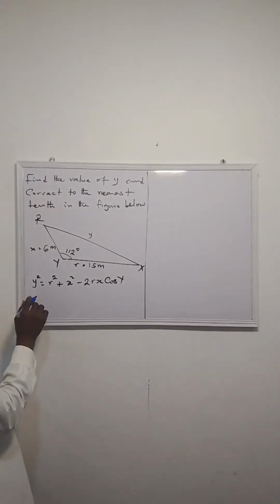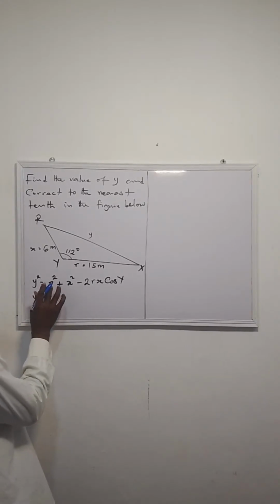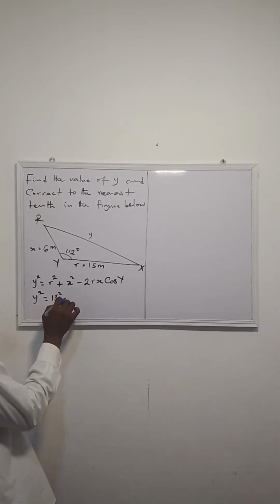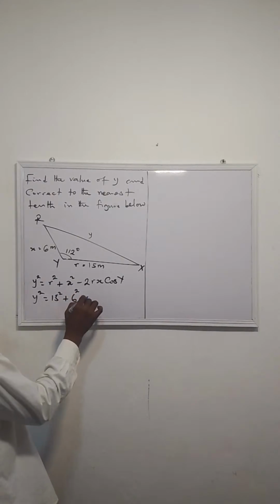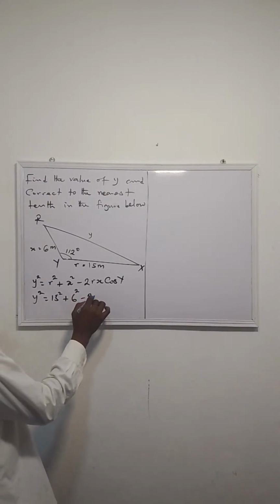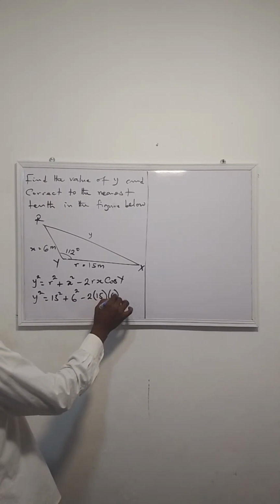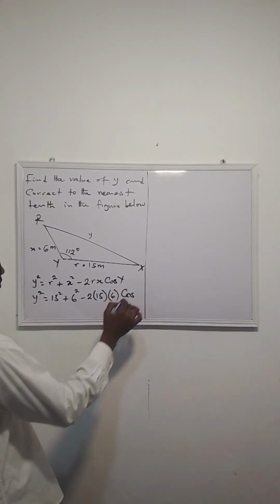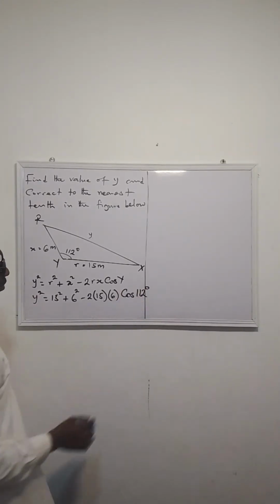So now let's plug it in. We have y squared equals r, 15 squared, plus x, 6 squared, minus 2 times r, that is 15, times 6, cos 112 degrees.